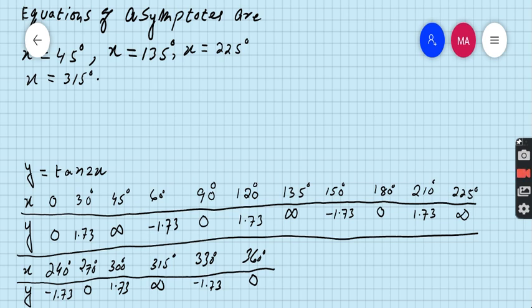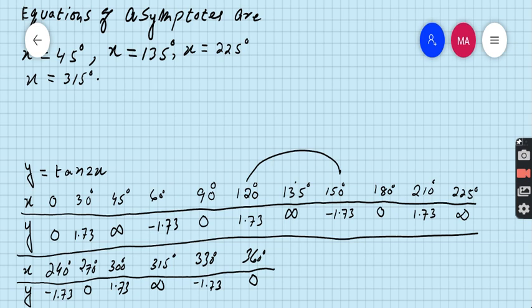Then 60. But because 45 gives us the undefined value, we must take 45. Then 60, then with a 30 gap, 90, 120. After 120 there should be 150.